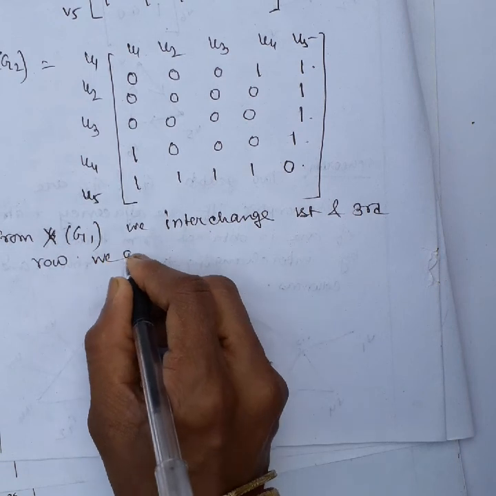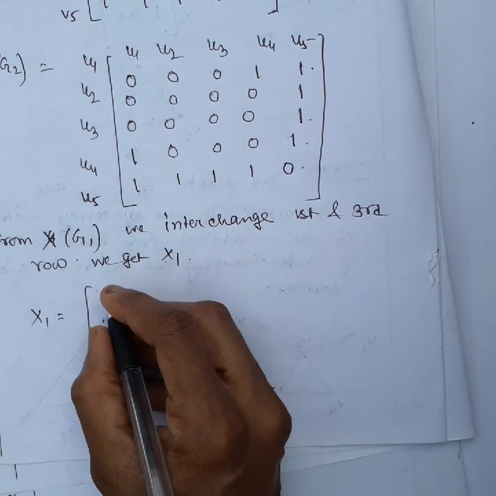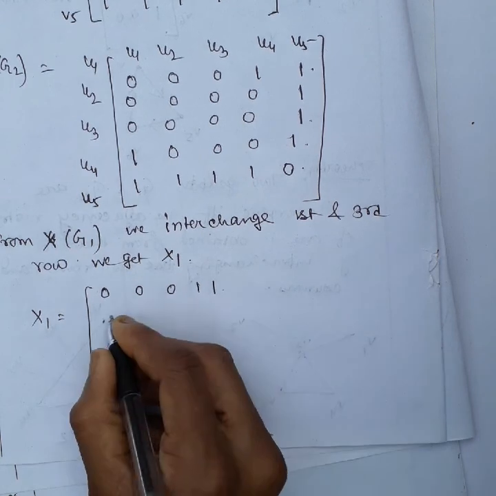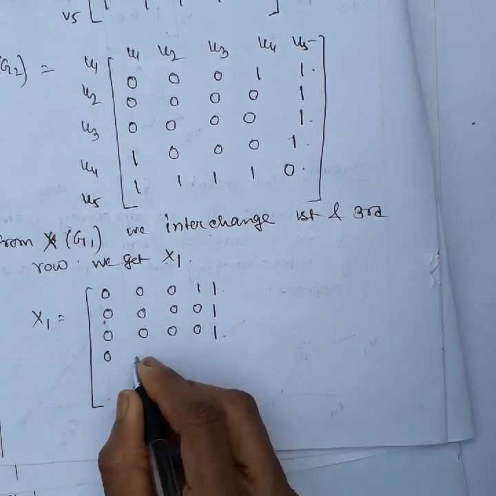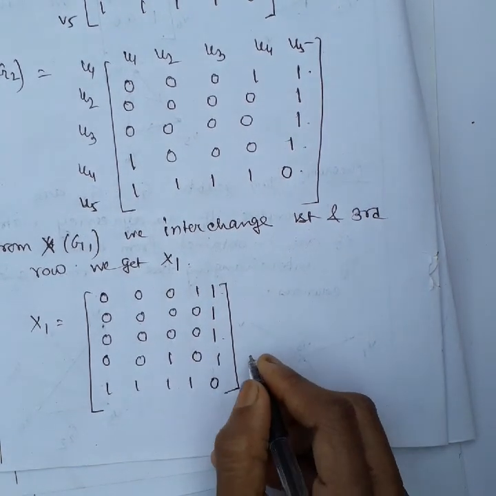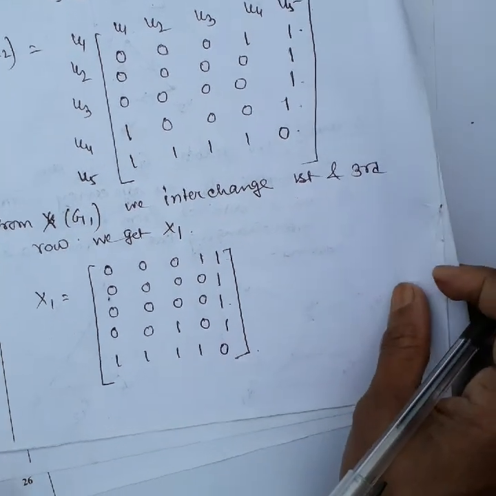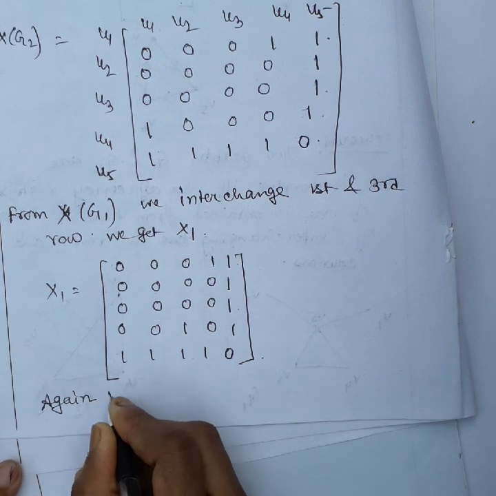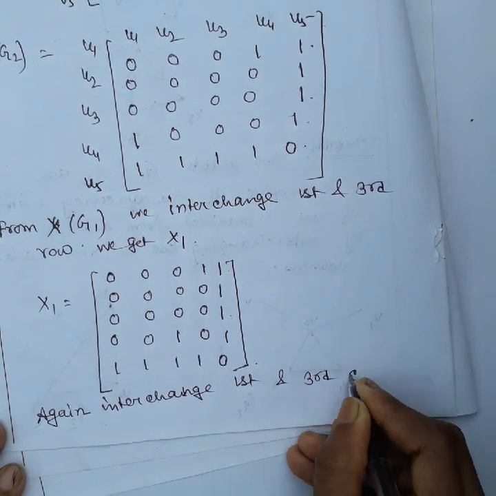So we get X1, which equals the matrix with the first and third row interchanged. Again we interchange the first and third column.